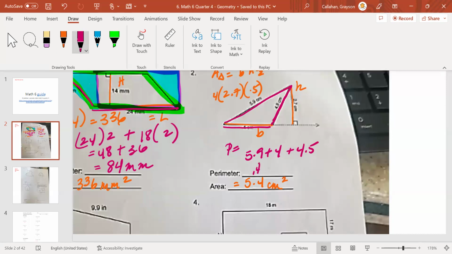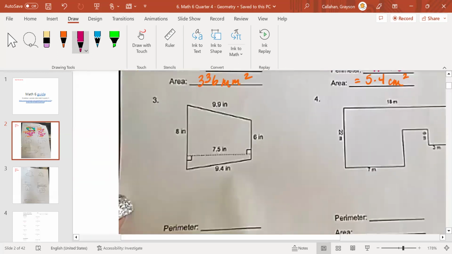Okay. What's your unit? Centimeter, right? There's no square for perimeter. Do you see that?